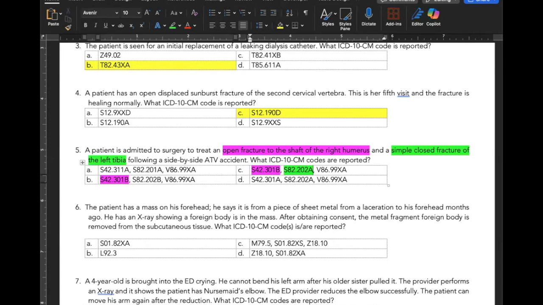Accident. Yep, it's an accident. And then this is a transport accident because our ATV is a transport vehicle. We'll go to all terrain vehicle occupant.